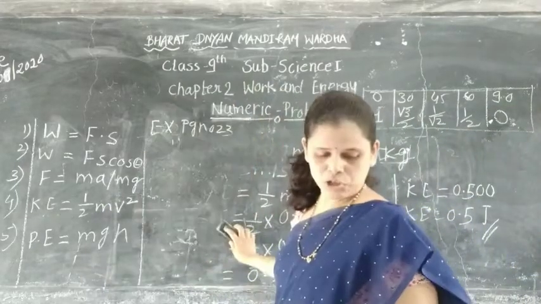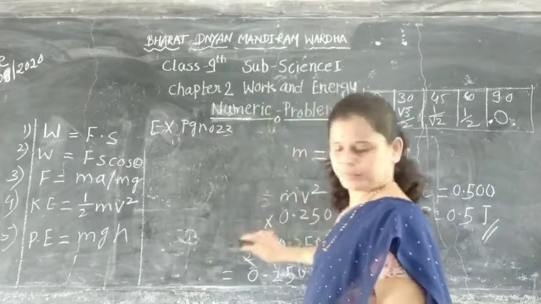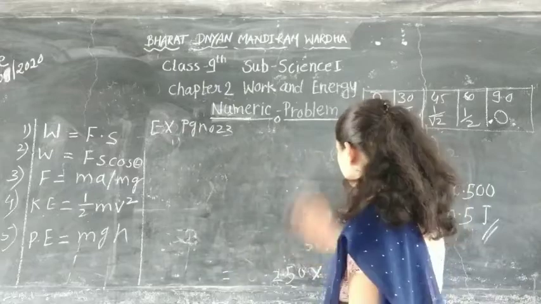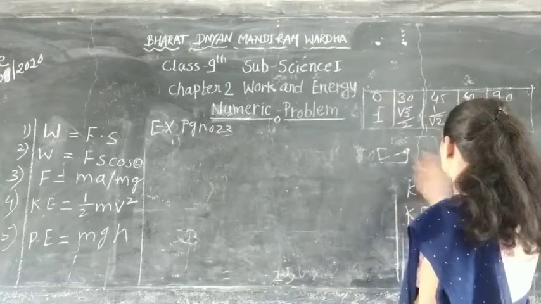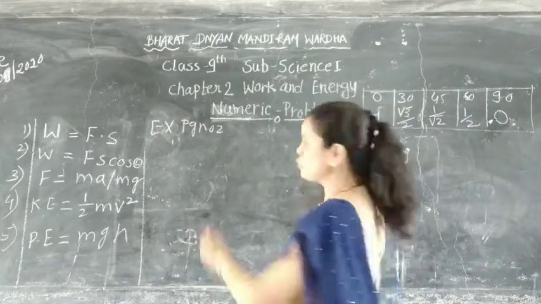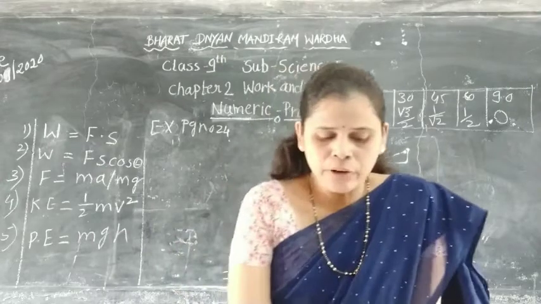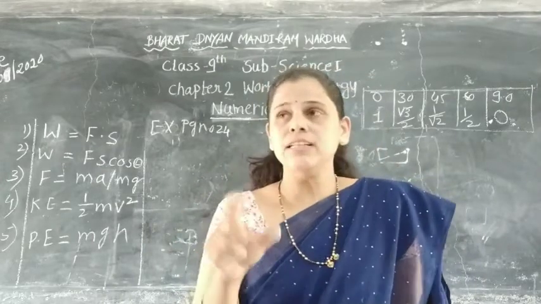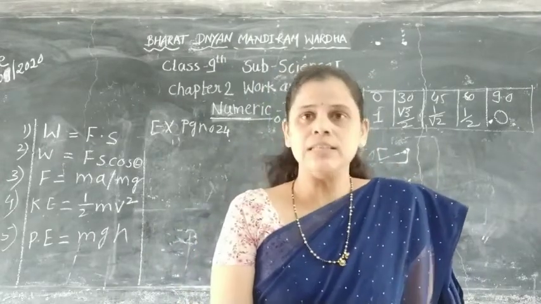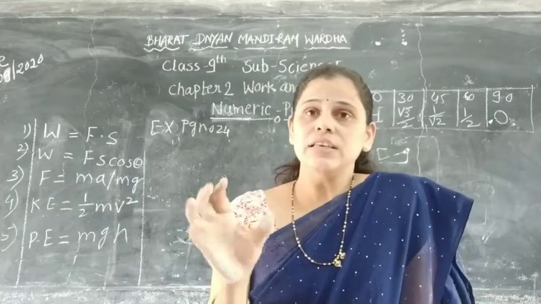Open page number 24 and see the example of potential energy. First, what is given? Page number 24. What is given? 500 kilogram of water, that is the mass of water. Mass is 500 kg, given in kilogram.